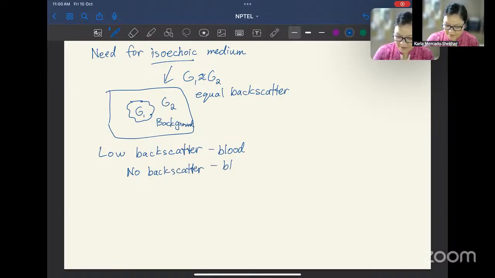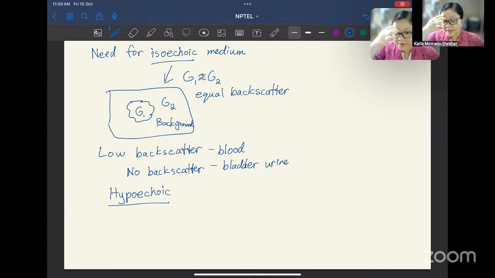The urine inside the bladder will appear just black in an ultrasound image. These are called hypoechoic regions. Another example is fluid buildup in your tissue, called cysts.